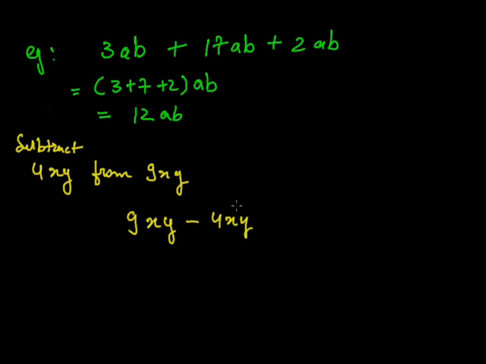Now here also we have to just simplify the numerical coefficient, that is 9, and here the numerical coefficient is minus 4 and xy is common. So 9 minus 4 is 5. Therefore the solution is 5xy.